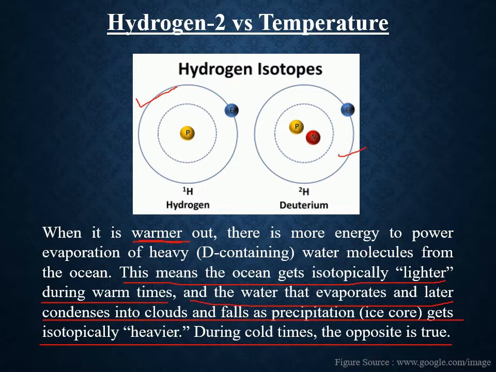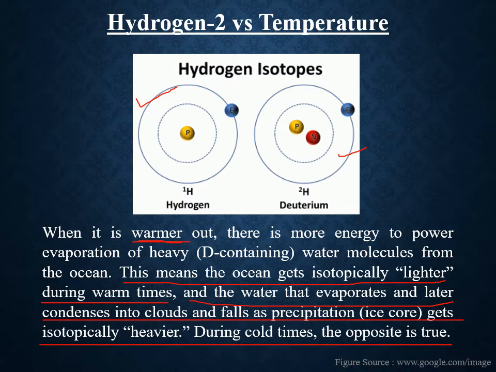At higher temperature time, we get more heavier isotopes of both oxygen and hydrogen in the ice cores, and at lower temperature conditions, that means during global cooling time, we get lighter isotopes of hydrogen and oxygen in the ice cores.